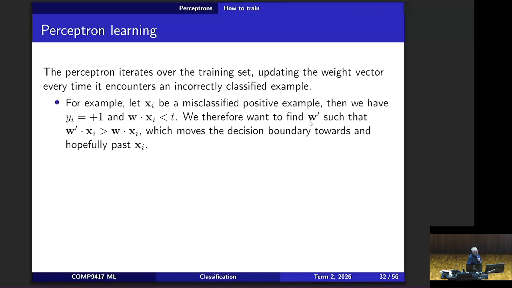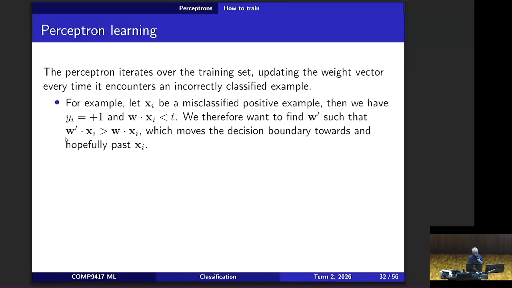So what we need to do is change W to some W prime, and we need the W prime dot xi to be greater than W dot xi, because W dot xi is wrong, it's less than the threshold. We need to make it bigger. Sorry, let me just be correct.